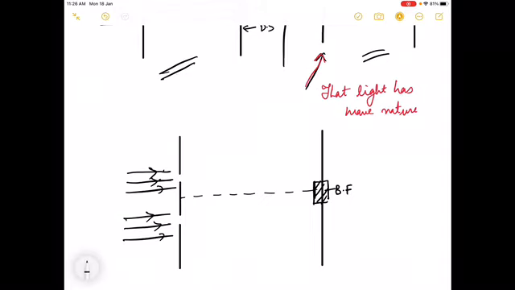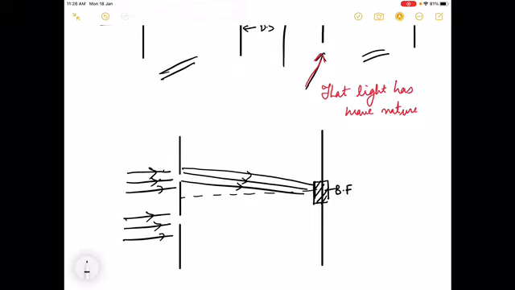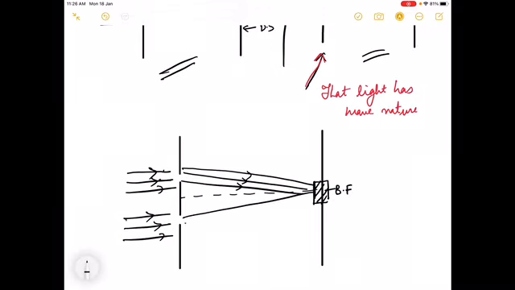If I make it a ray version, the light would have bent like this. Agreed?